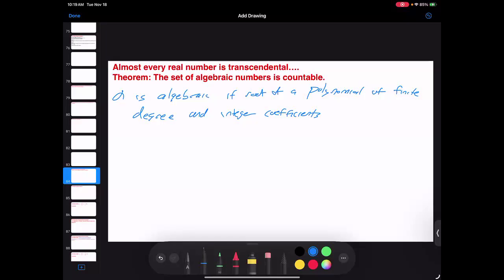The claim is the set of algebraic numbers is countable. So let A_n be the set of all alpha such that f(alpha) equals 0, with f a polynomial of degree n and integer coefficients.